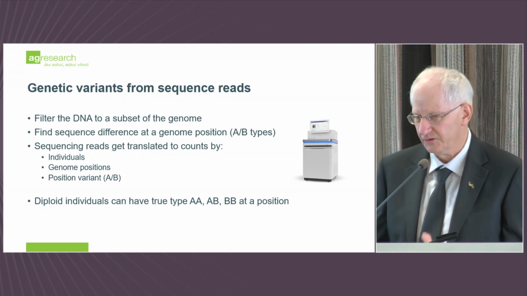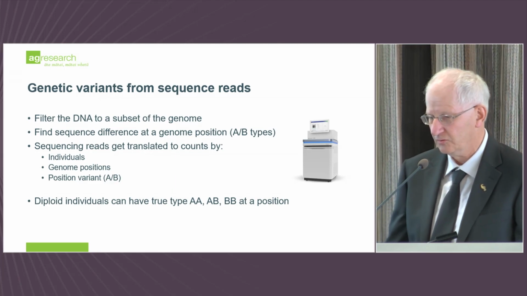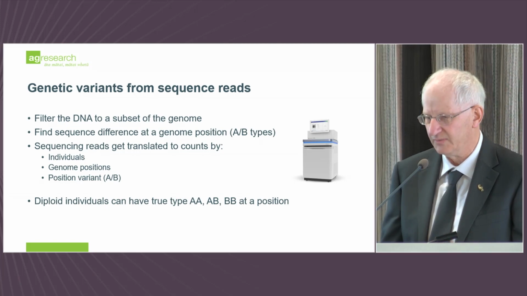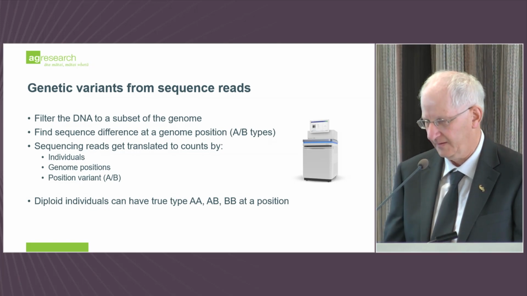A diploid individual, such as humans, can have three true types, so AA, AB, and BB at a particular position.